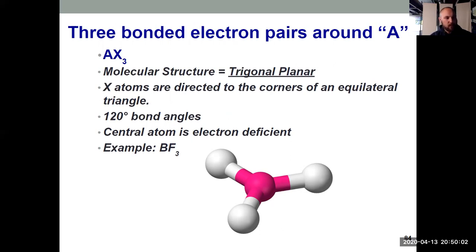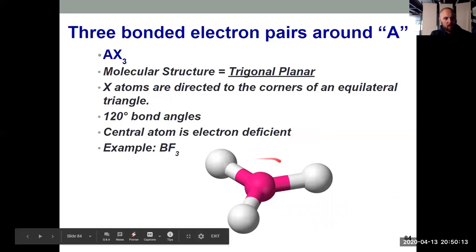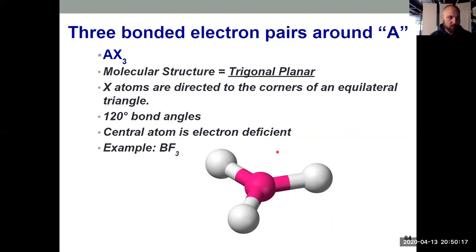That is where our terminal atoms are all in the same plane, hence trigonal planar, and they're pointing at the corners of an equilateral triangle. So they are all 120 degrees apart. And because I have three bonds to my center atom and still no lone pairs, I continue to be electron deficient. We see these with boron.